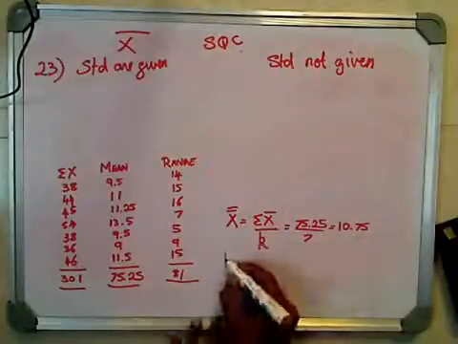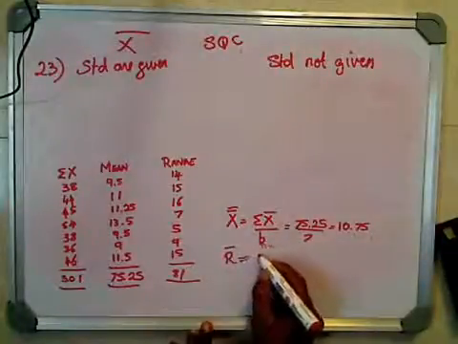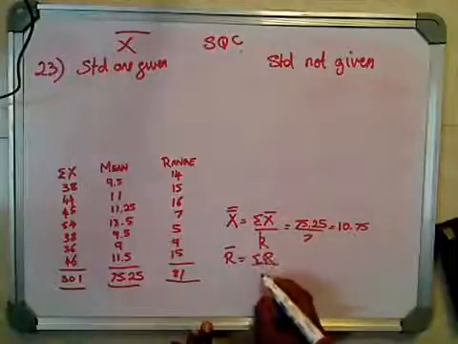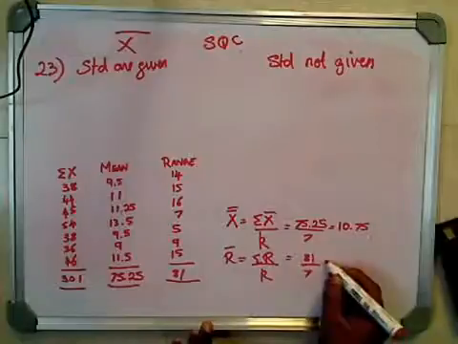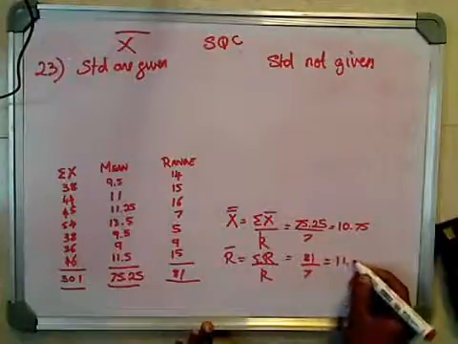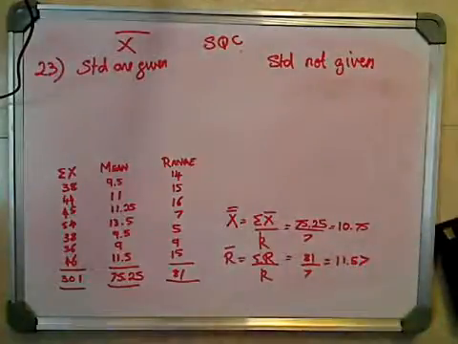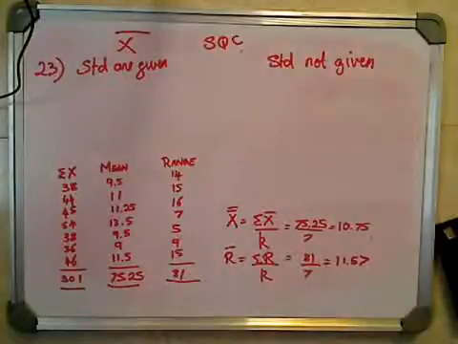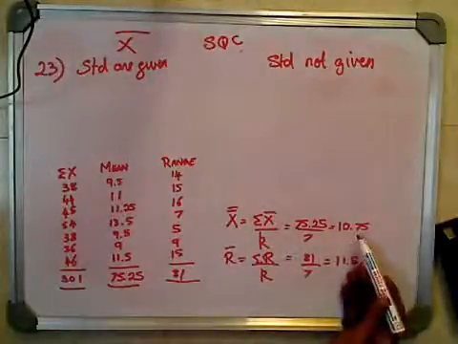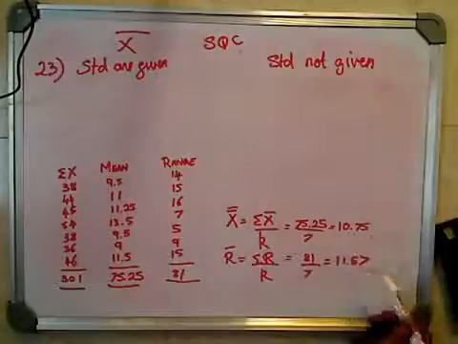Now do the same for R. Summation R divided by K, which will be 81 divided by 7, which will be 11.57. The values that we want for the further calculations we've been able to arrive at right away. We need 10.75 and 11.57.